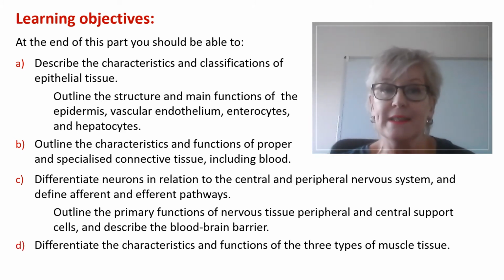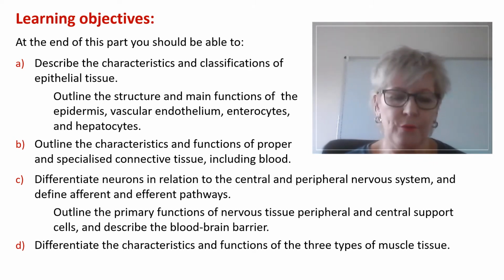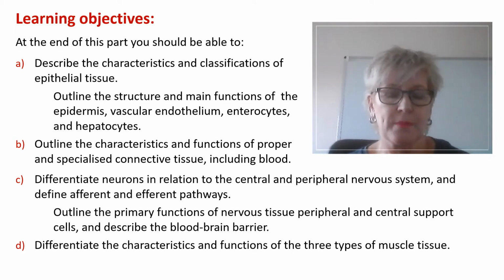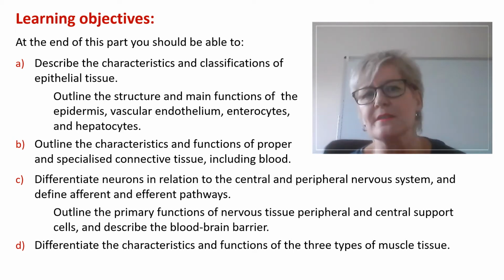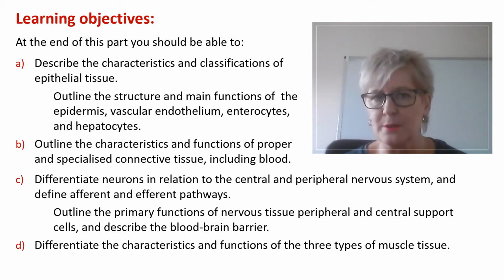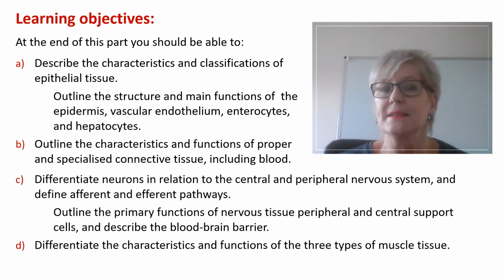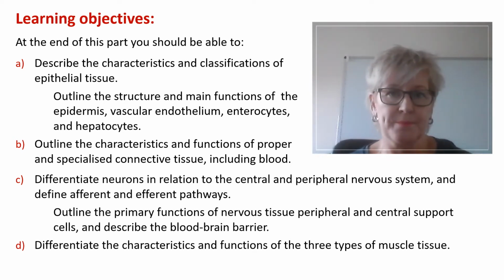Finally, in this session, we'll start to talk about the types of muscle tissue. There are 3 types, so we'll look at a comparison really of the 3 different types and a little bit of detail about cardiac muscle and about smooth muscle.